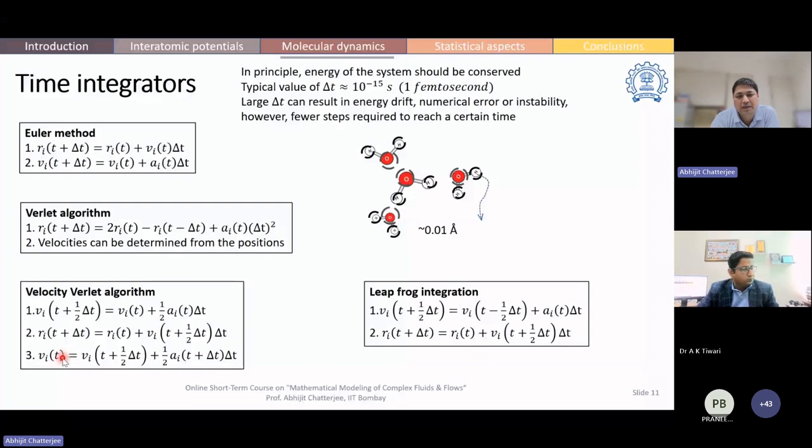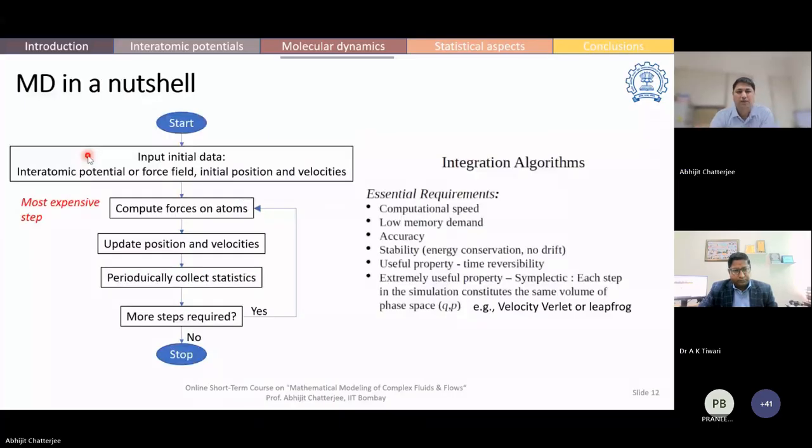I think there should be a t plus delta t in step 3, so you can get the velocity and position at time t plus delta t. And there are other schemes also, like leapfrog integration. Typically the velocity Verlet algorithm is a popular scheme because it has better numerical behavior compared to some of the other techniques which are used.